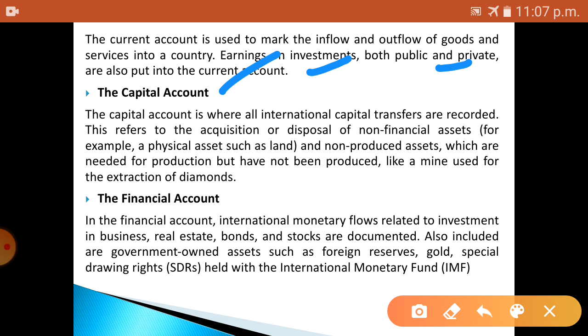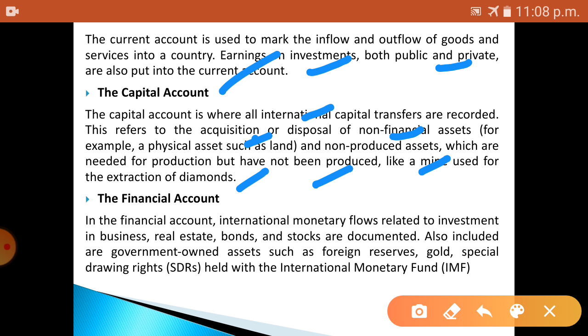In the capital account, international capital transfers are recorded, including the acquisition or disposition of non-financial assets. For example, physical assets like land, and non-produced assets needed for production, like a mine used for extraction of diamonds. These are mentioned in capital account.